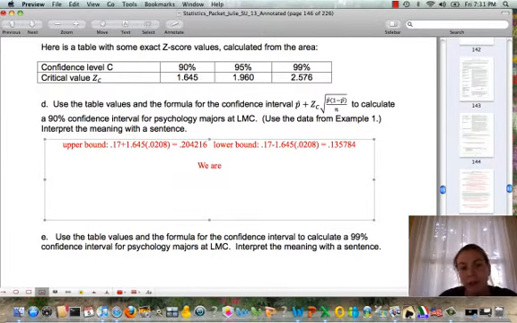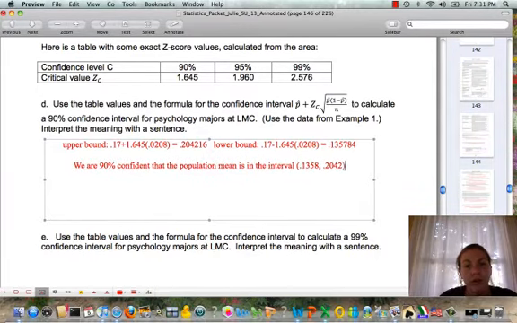So now we can say that we are 90% confident that the population mean is in the interval 0.1358, I'll go ahead and round it, up to 0.2042. So this is our interpretation. We're 90% confident that the population mean lies within this interval.